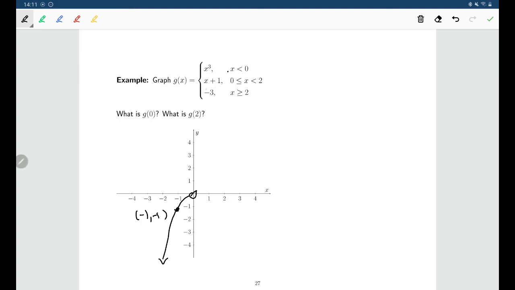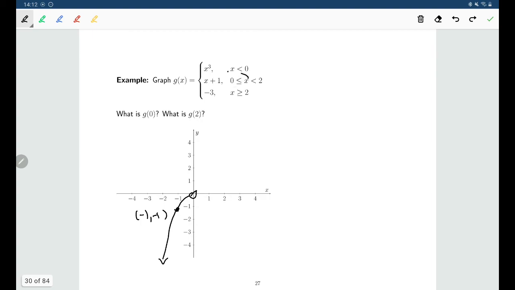Now, the next part of this would be the straight line part. We know for this straight line that this is something that's happening only between 0 and 2. And we also know that this is a line that has a y-intercept of (0, 1), and it has a slope of 1. Now, the thing here is to notice that for 0 to 2, this is including the 0. So for the cubic part of the graph, we didn't include the 0, which is why this was a little hollow circle that I drew there at the origin.